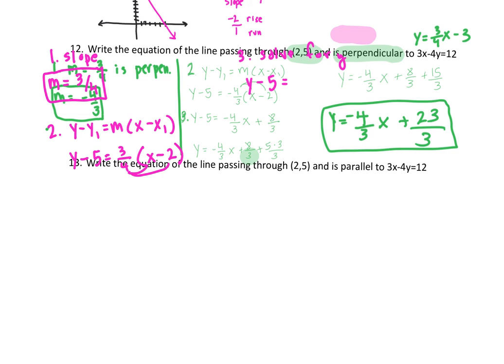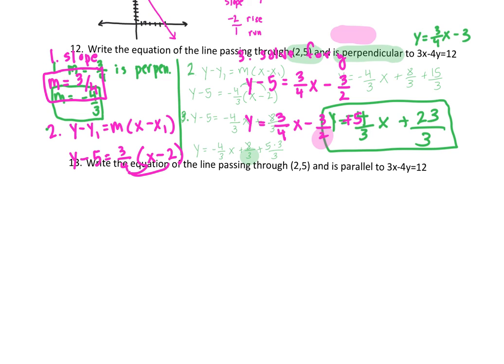We're going to distribute 3/4 times -2. That's -6/4, or we can say that is -3/2. So we add that 5 over. And my common denominator here is this 2.